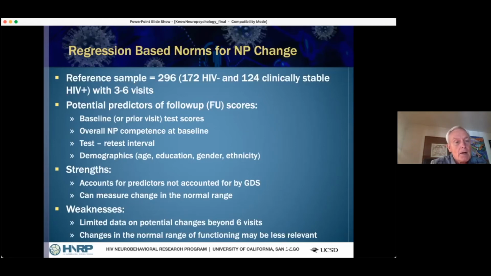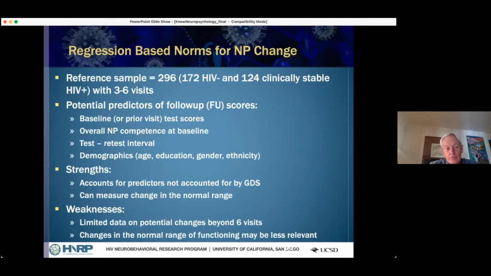And we use as potential predictors of follow-up scores for each individual test measure, the baseline or prior visit score on that measure, the overall neuropsychological competence at baseline, which is defined as the average of the scaled scores, uncorrected scaled scores that are normalized on all the other tests besides the one you're looking at.